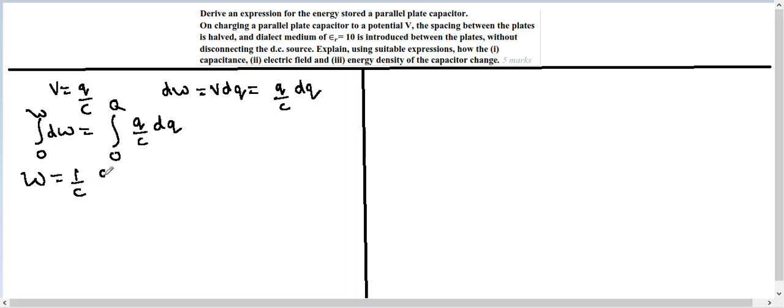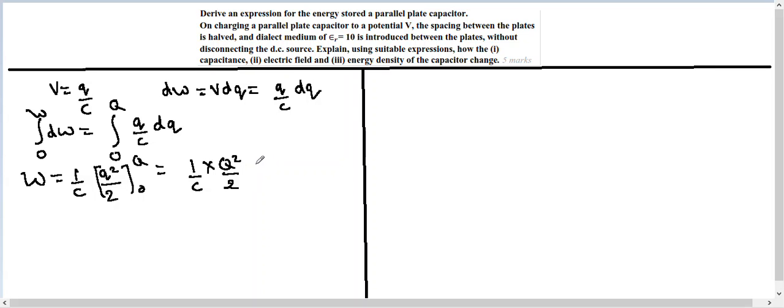Putting the formula for the integration, it is going to be equal to Q square by 2, from 0 to Q. Therefore, the answer is going to be equal to 1 by C into Q square by 2.